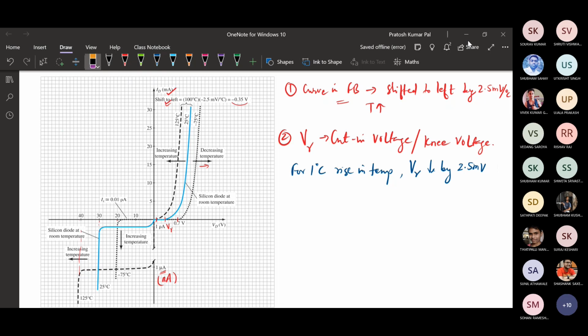Okay, so for 1 degree rise in temperature, the cut-in voltage will decrease by 2.5 millivolt.